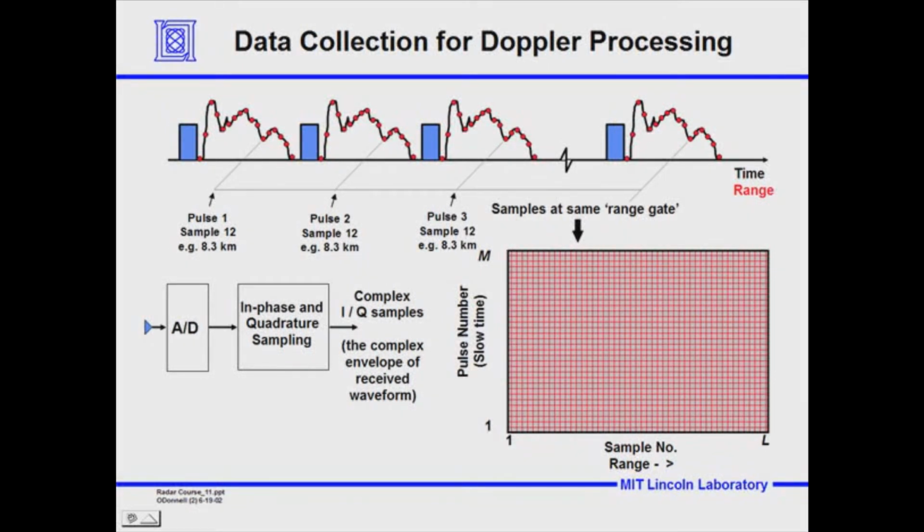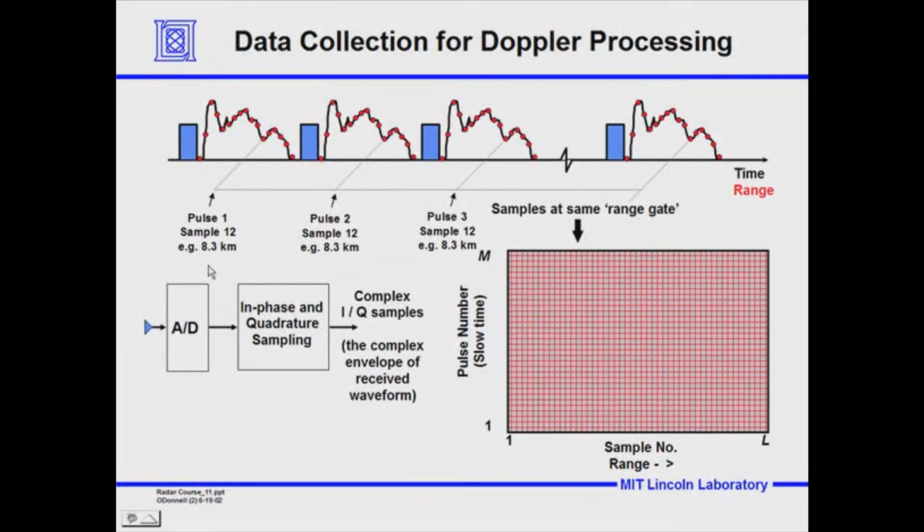Not that that part is really non-existent. It's the part that's at right angles in phase to it. And we call those the in-phase and the quadrature components of the complex number, which makes up the complex envelope of the received waveform. So this is actually two sets of A to D outputs. These complex I and Q samples then go in, and we, so to speak, fill a memory.